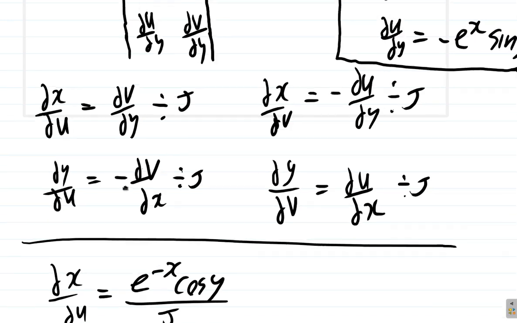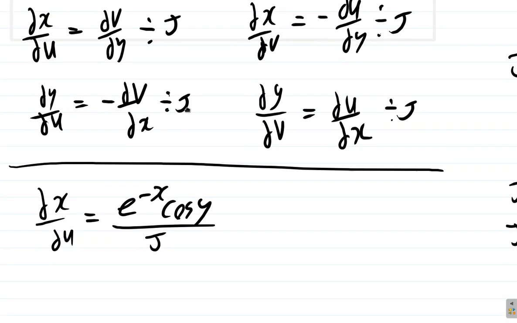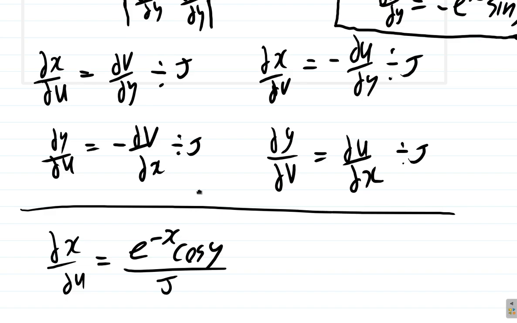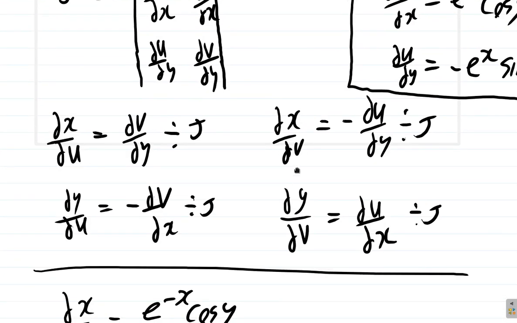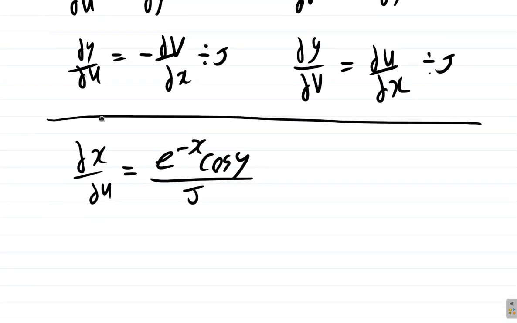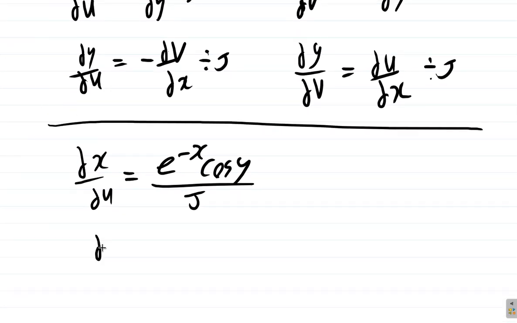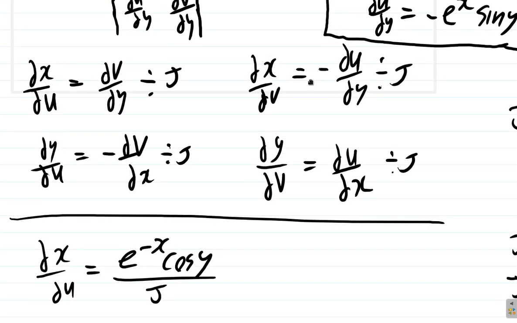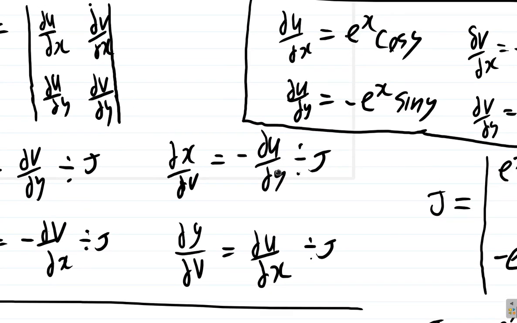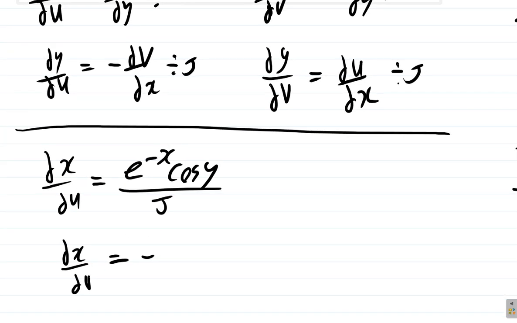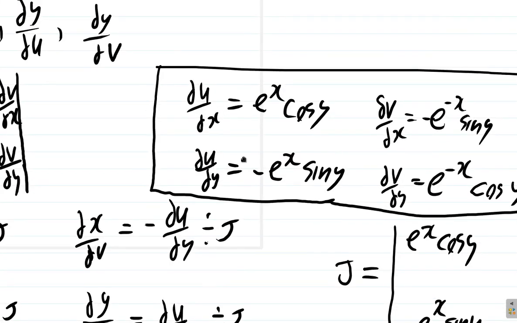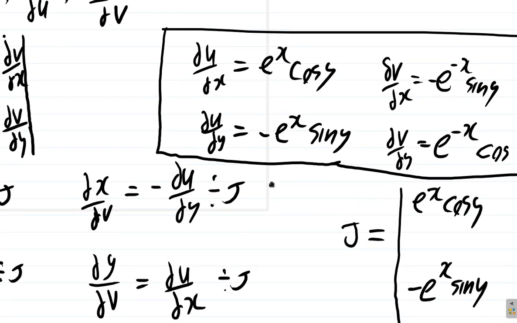Now, delta x by delta v, which is the other one we want. Delta x by delta v is equal to negative delta u by delta y. Well, what is delta u by delta y? It's negative e to the x sine y. Alright?